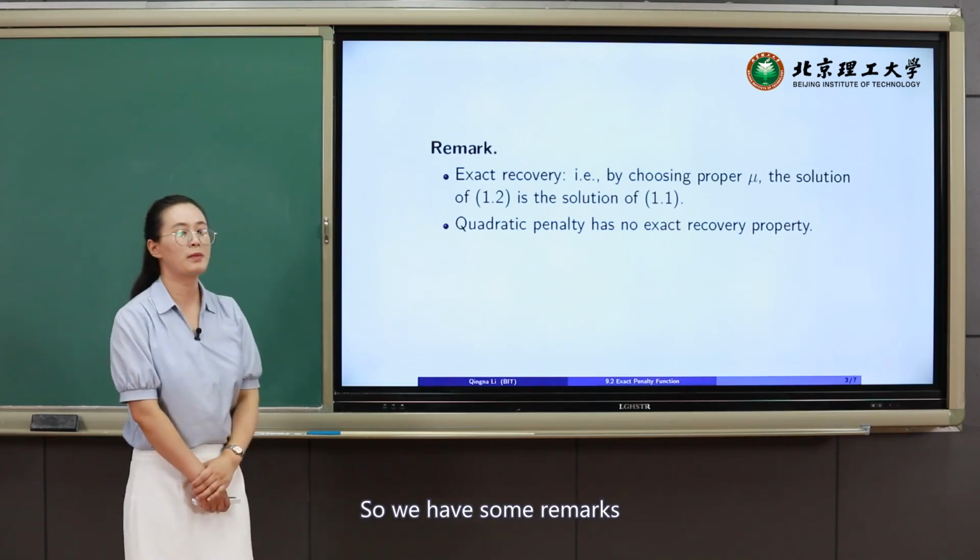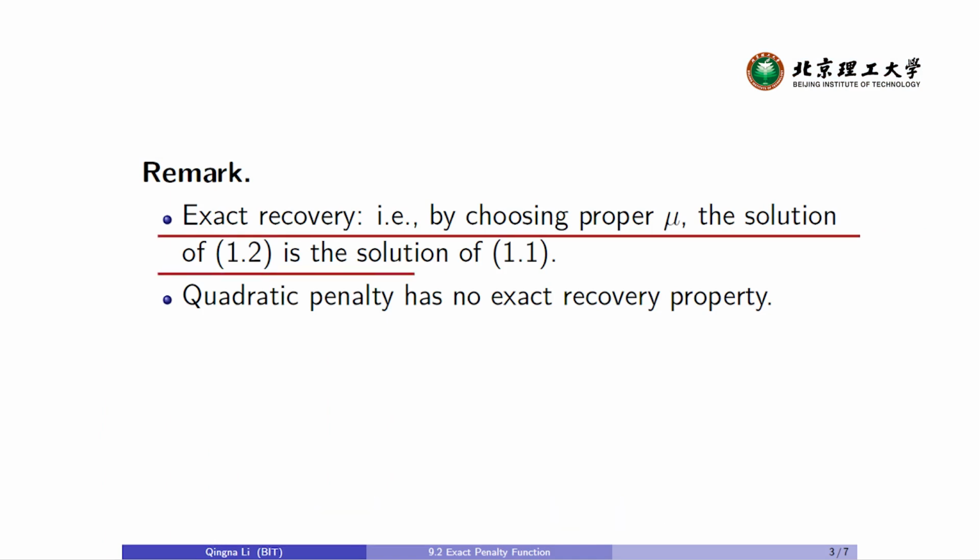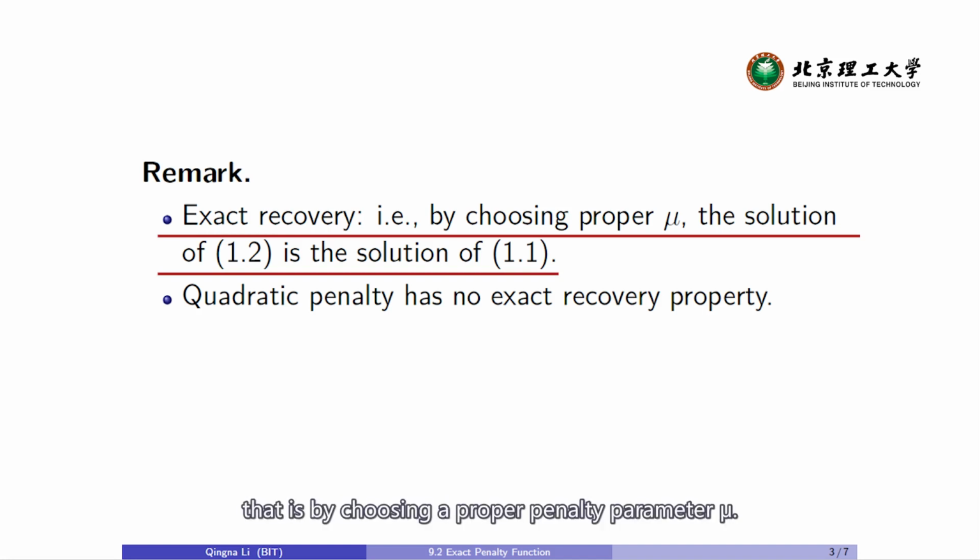So we have some remarks about the exact penalty method. Why do we call it exact? Because it has a nice property, the exact recovery property. That is, by choosing a proper penalty parameter mu, the resulting penalty problem has the same solution as the original problem.